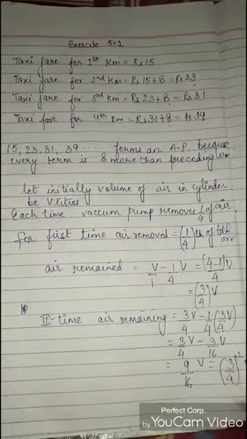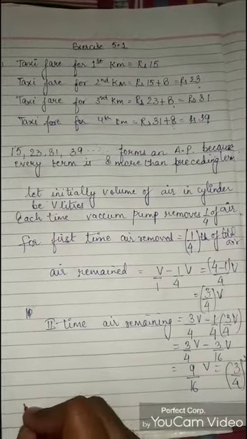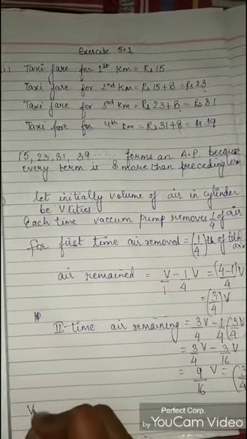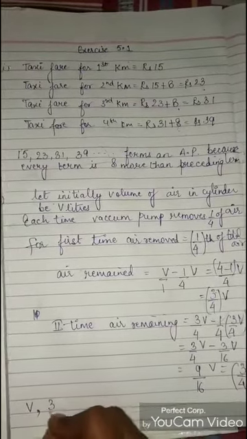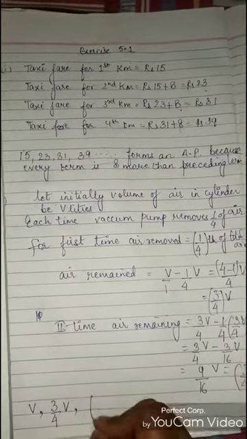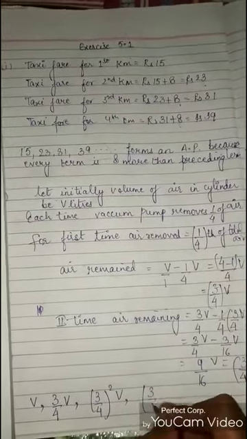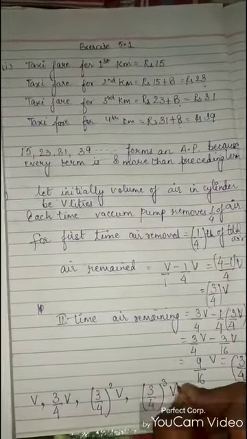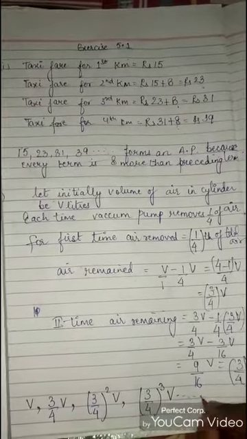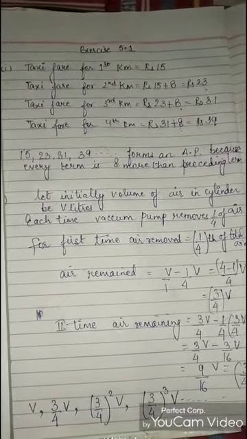Now next time, the series you will get is V, 3/4 V, (3/4) square V, then (3/4) cube V, and so on. So is this an AP?